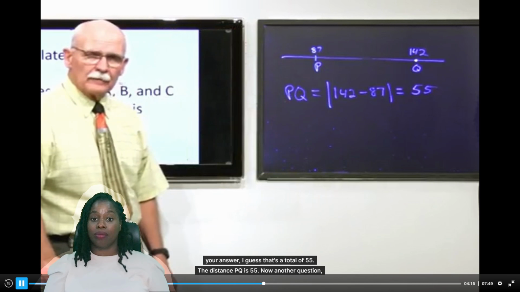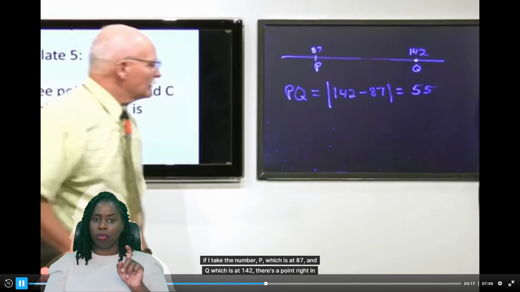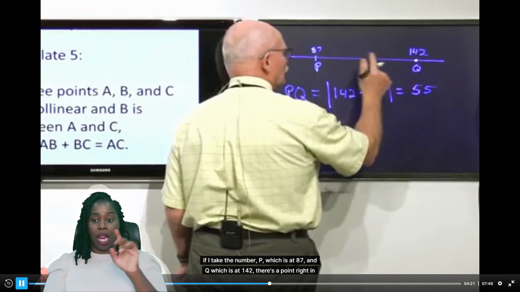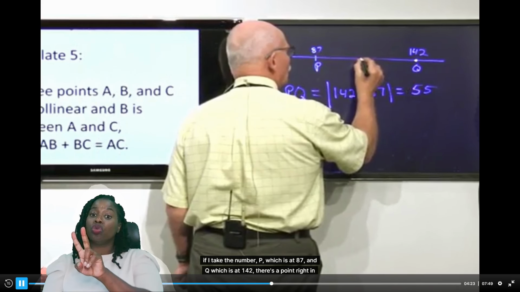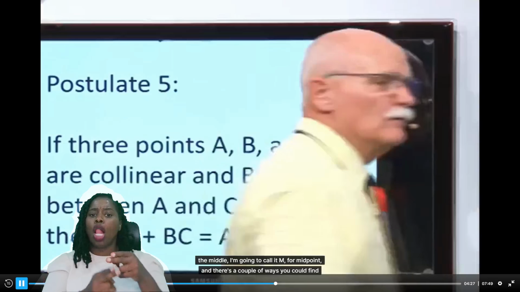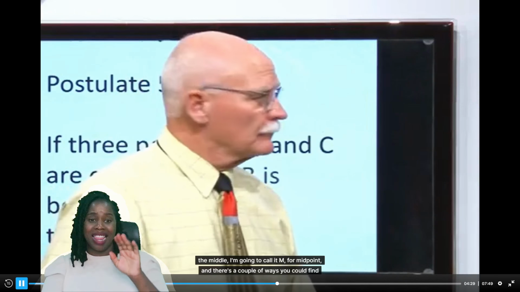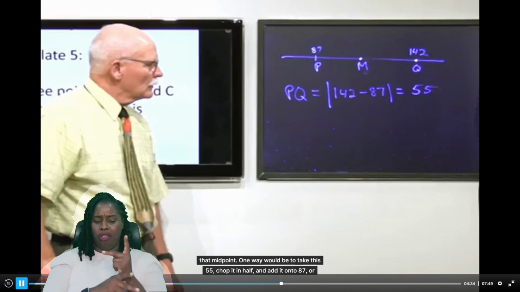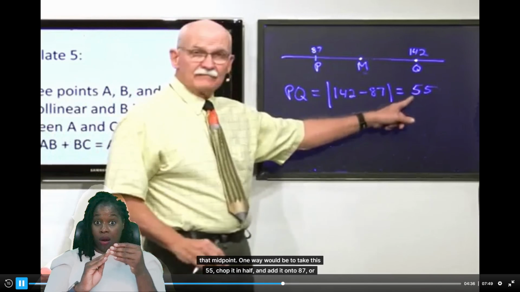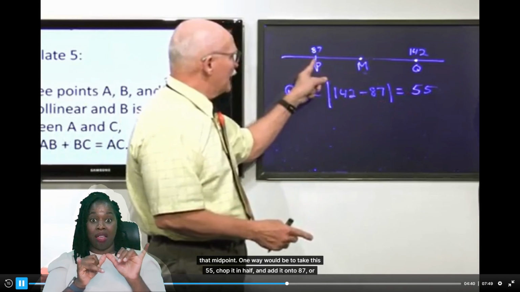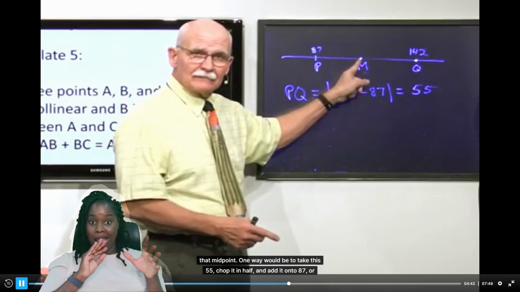Now, another question. If I take the number P, which is at 87, and Q, which is at 142, there's a point right in the middle. I'm going to call it M for midpoint. And there's a couple of ways you could find that midpoint. One way would be to take this 55, chop it in half, and add it on to 87.